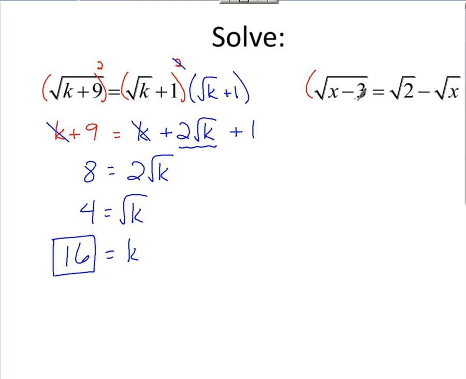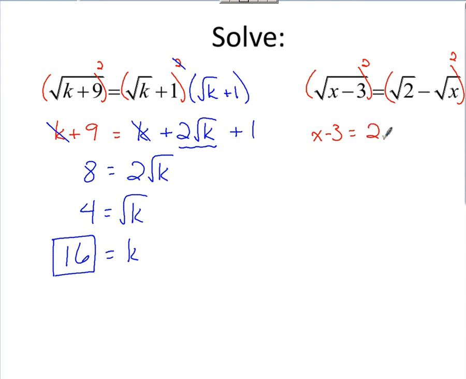Squaring both sides on this one. Well, let's see here. Root disappears, right? You're left with x minus 3. Over here, we've got some binomial expansion again. So, if I follow the shortcut, squaring the first term, right?